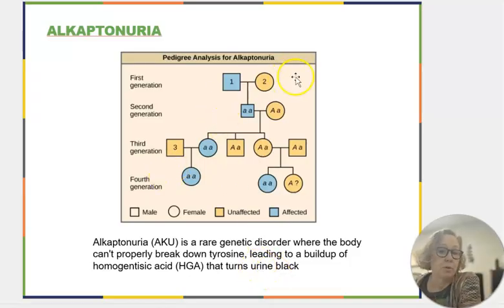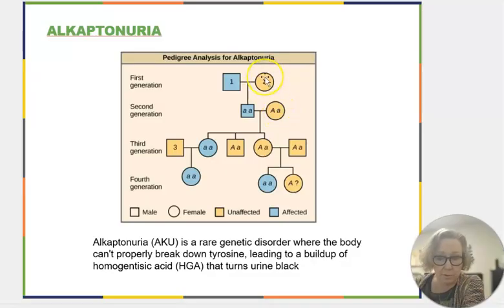Okay, so let's look at a pedigree for alkaptonuria. In this case, dad is affected, mom is not. They have a son who is affected, who marries a woman who is a carrier.